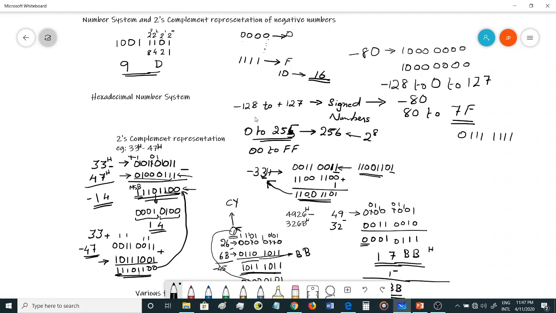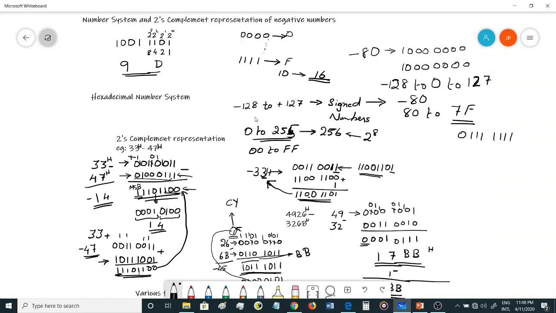Whenever you go beyond this range, you will end up getting wrong results. It is your responsibility to make sure that you are well within the range always. If you go beyond -128 to +127, you will definitely get a wrong result.